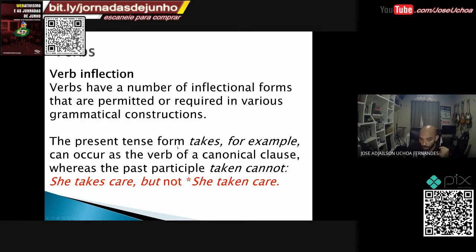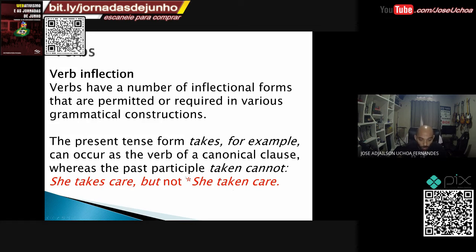The present tense form takes, for example, can occur as the verb of a canonical clause, whereas the past participle taken cannot, because as you already know, canonical clauses are never passive. Okay, so I say she takes care. Okay, she takes care of the baby. That's perfect. But I can never say she taken care of the baby. And then this asterisk here represents ungrammatical.